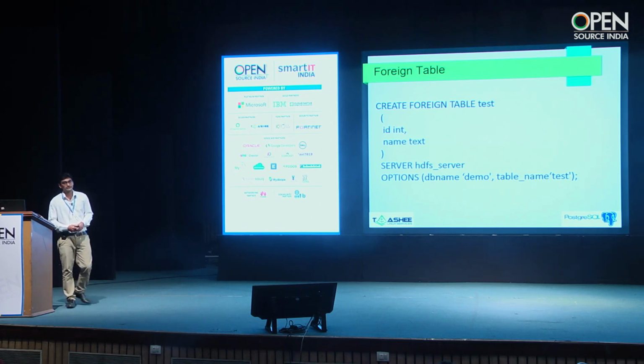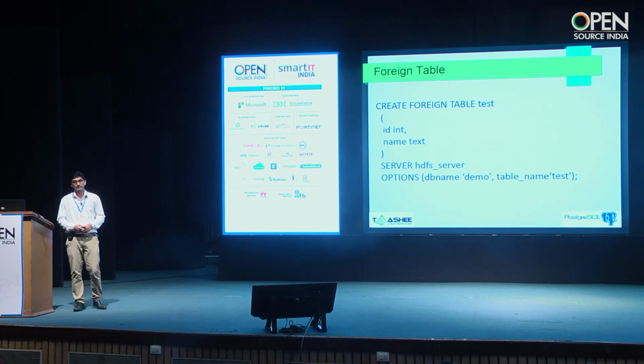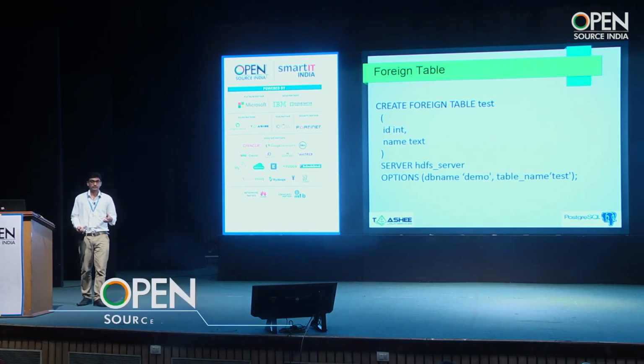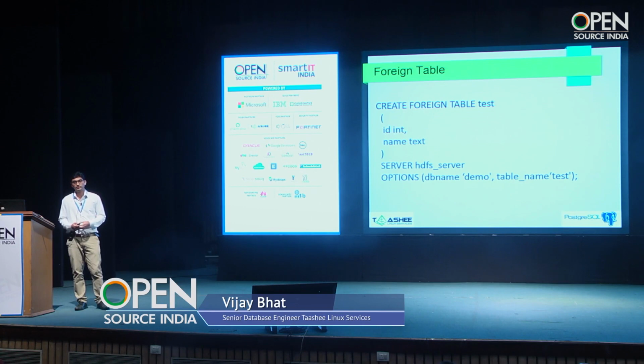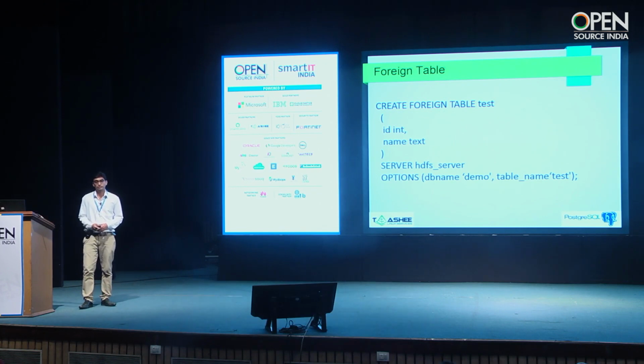The next limitation is whenever you are using order by and group by clauses on the foreign table, it will fetch all the data from your foreign server, and it will do this order by and group by calculation in your local Postgres instance.